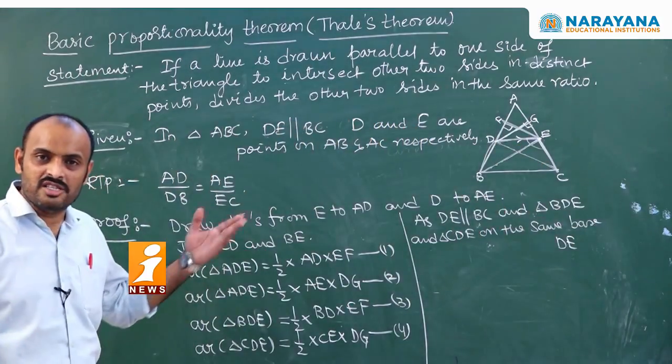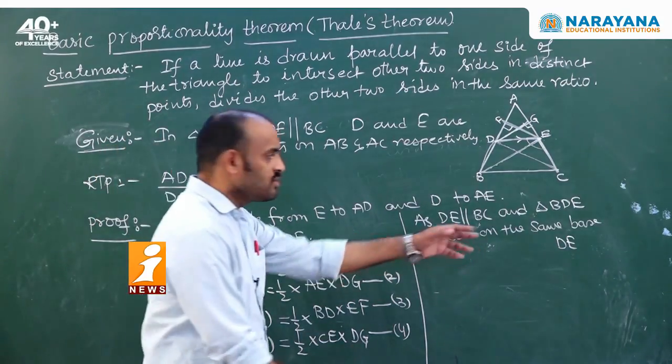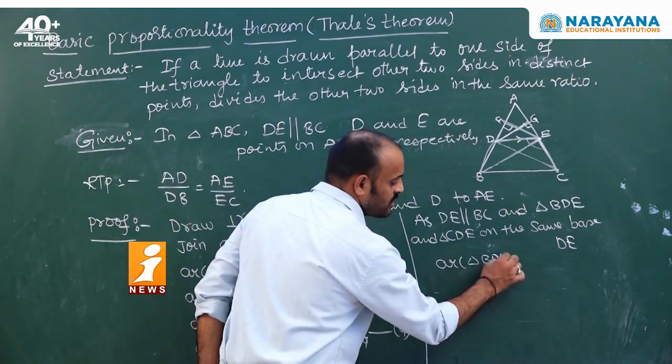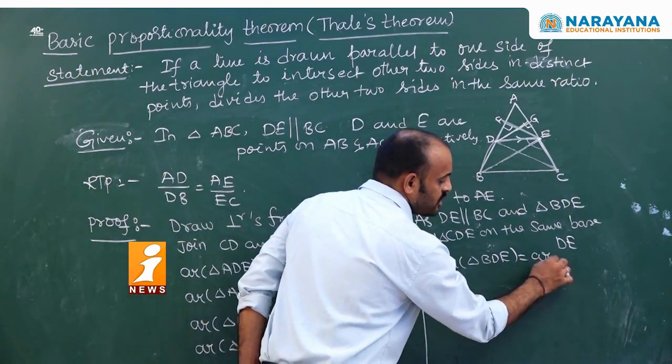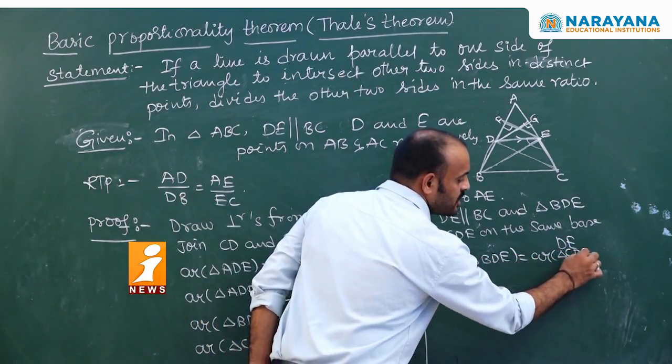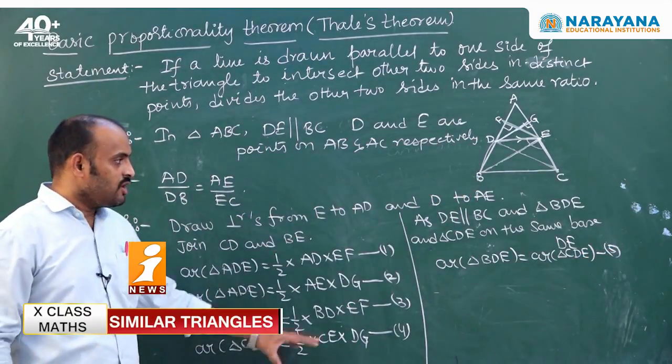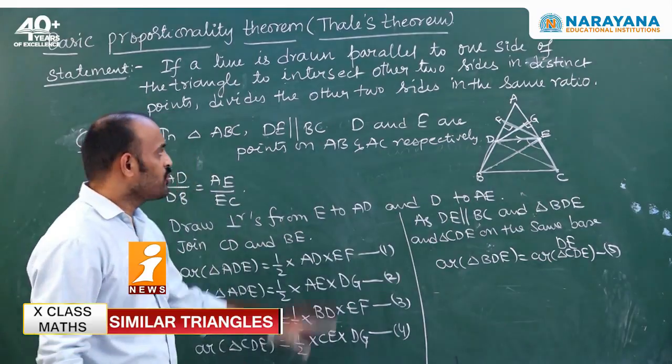Once they are on the same base, their areas are equal, no? Therefore, area of triangle BDE is equal to area of triangle CDE. This is point number 5. Now, using all these 5 concepts, I am going to prove this.